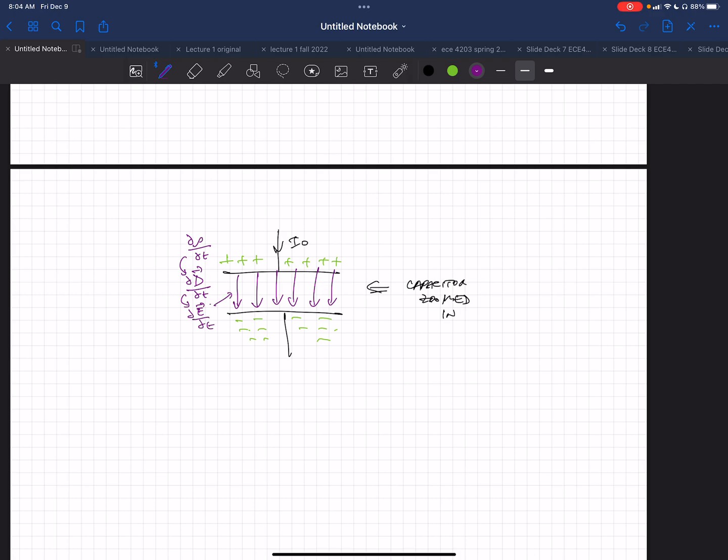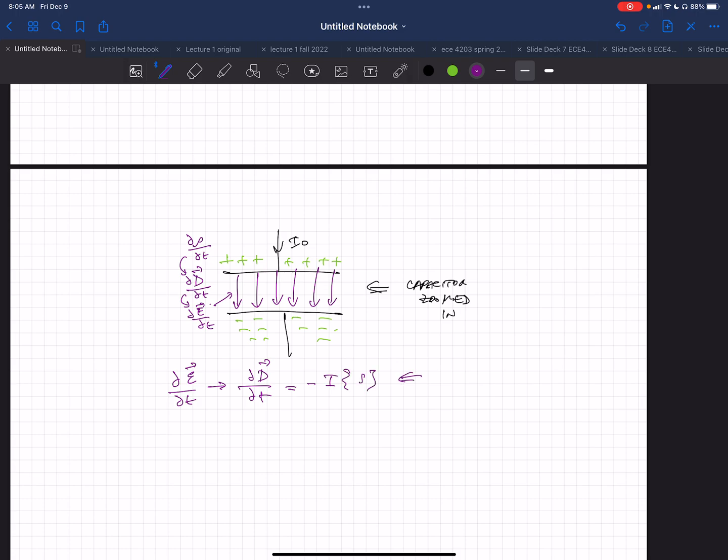So this is the electric field from the top to the bottom of this capacitor. So basically, we have a changing E field in the capacitor. I guess you can think of it as going in different directions back and forth is equal to minus I of S.